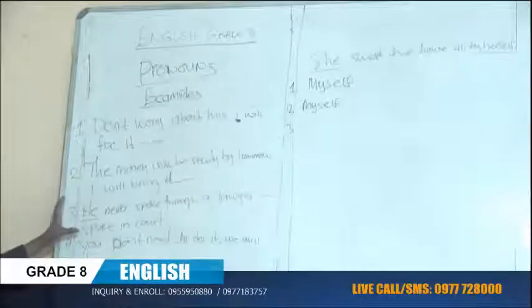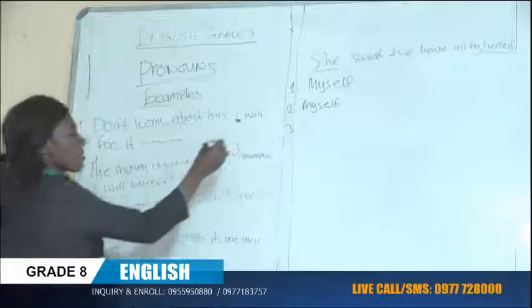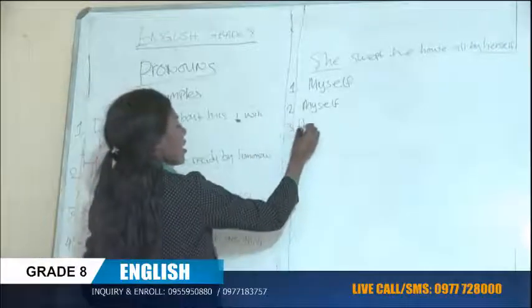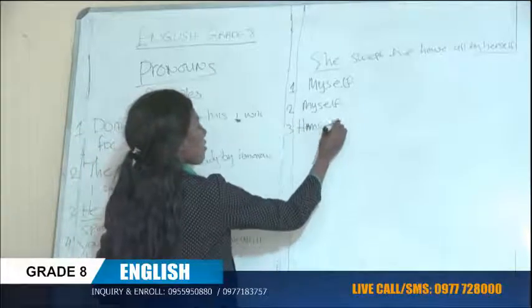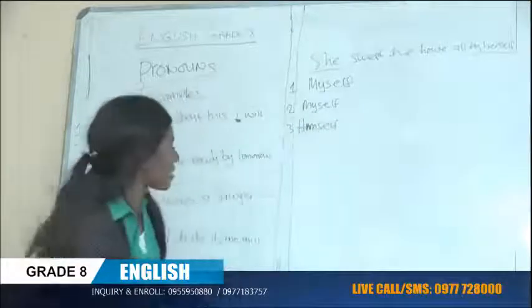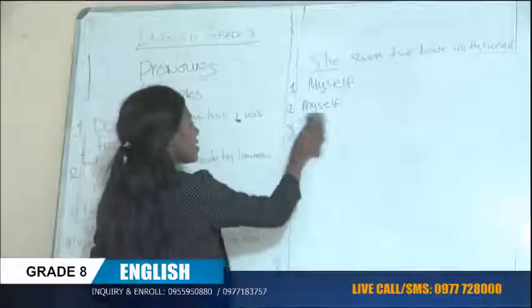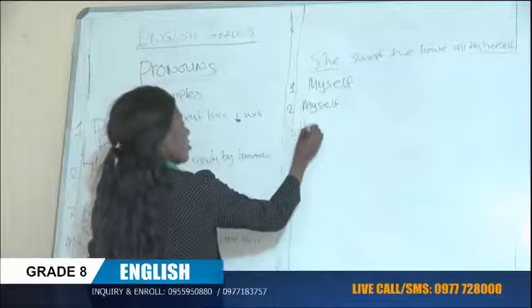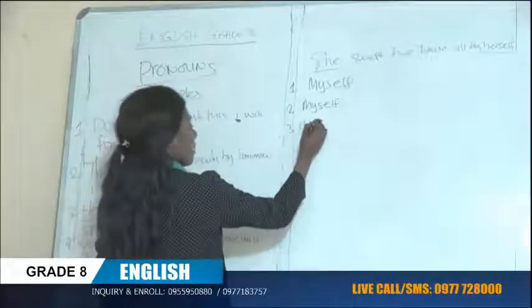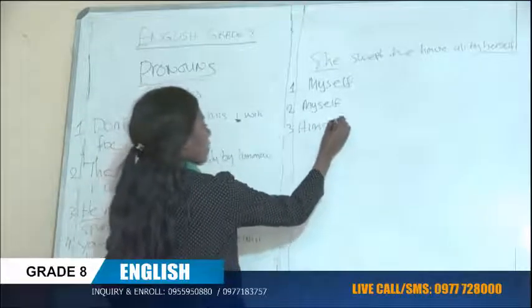Therefore it will read, he never spoke through a lawyer, himself spoke in court. Here it will be himself. Himself spoke in court, meaning it is himself that spoke in court. It is still in singular. Himself.